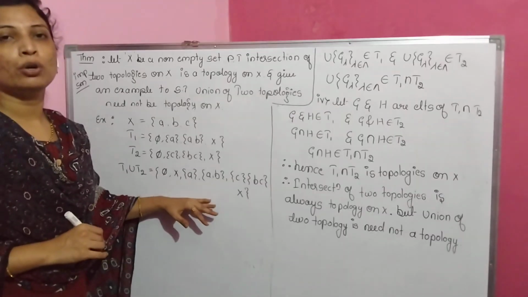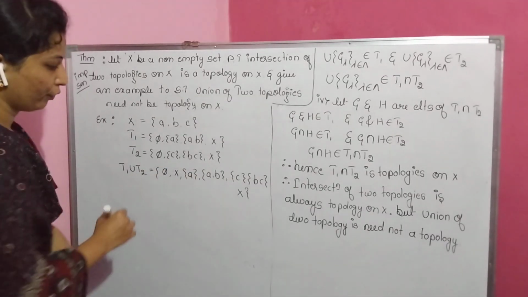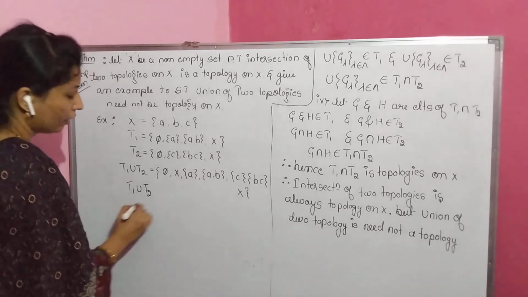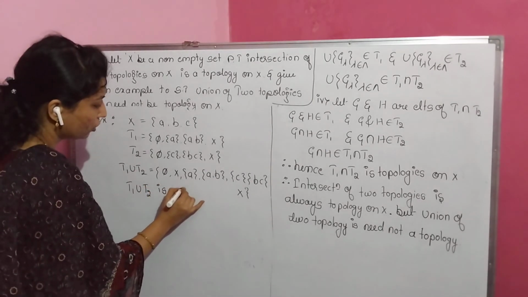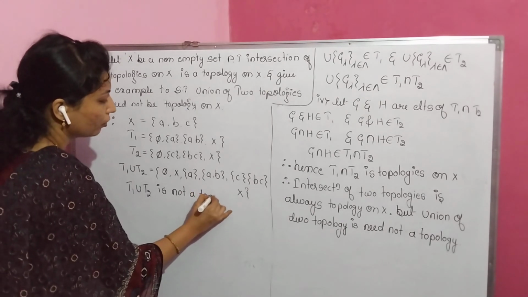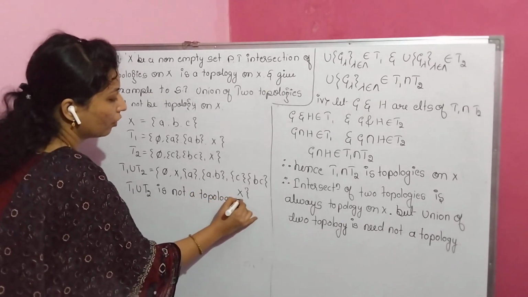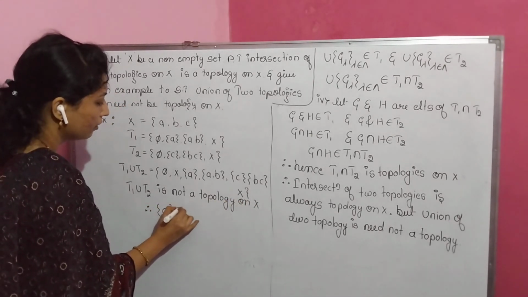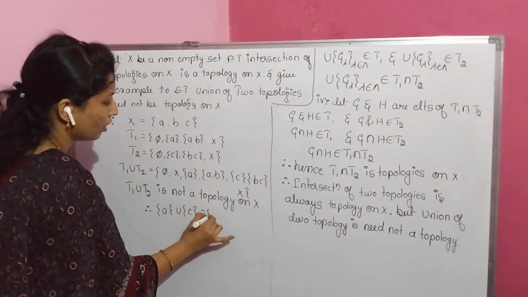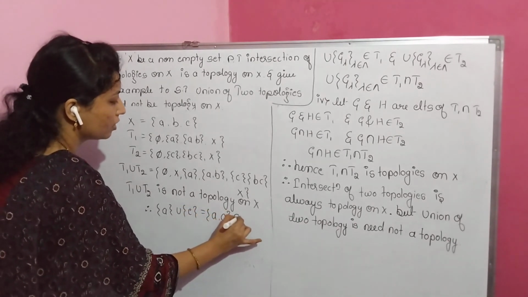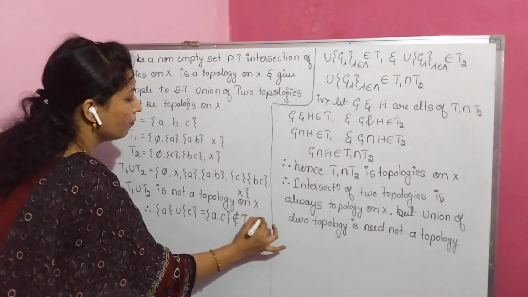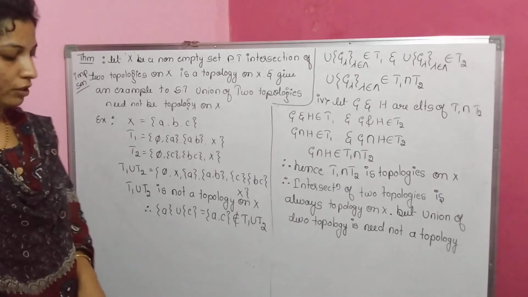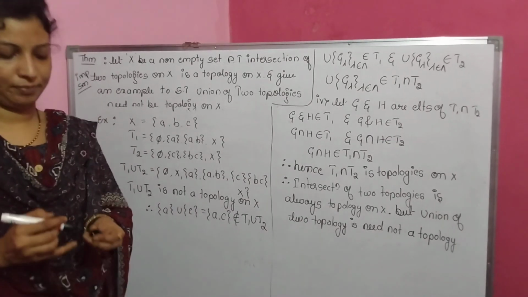Therefore, this is not a topology on X. Therefore, here we write T1 union T2 is not a topology on X because A union C is {A,C}, but this does not belong to T1 union T2. It means it is not a member of T1 union T2. Therefore, it is not a topology on X. Thank you.